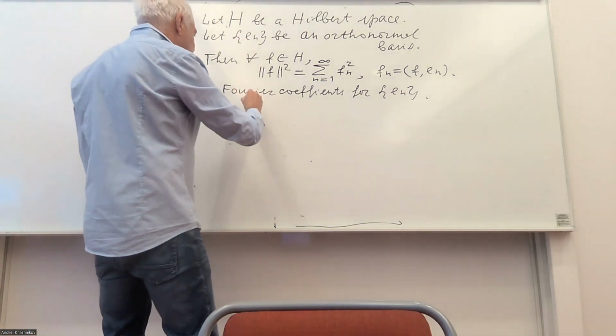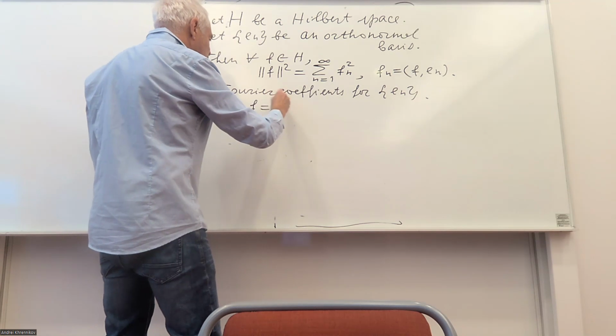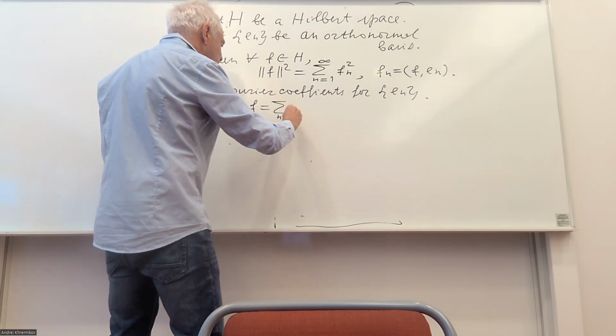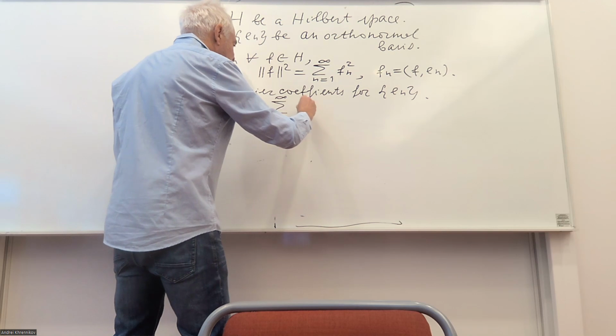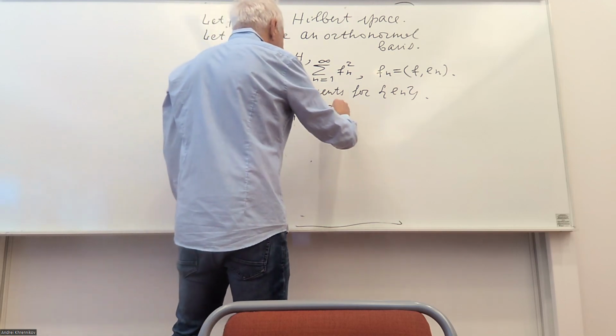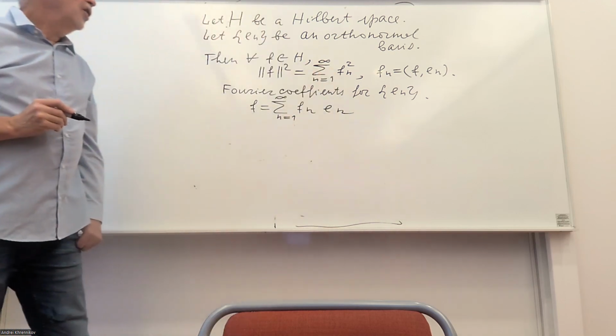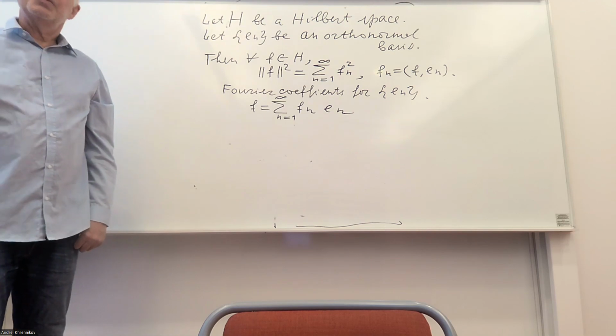Now each f can be represented as the sum of Fn En, where the series converges in the Hilbert space.